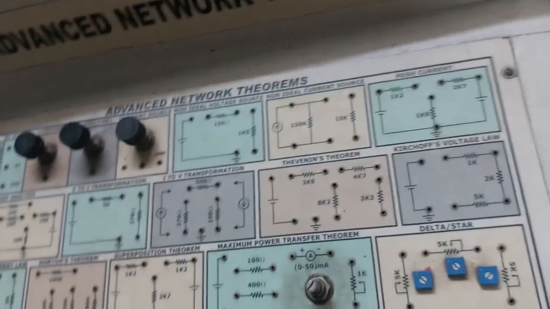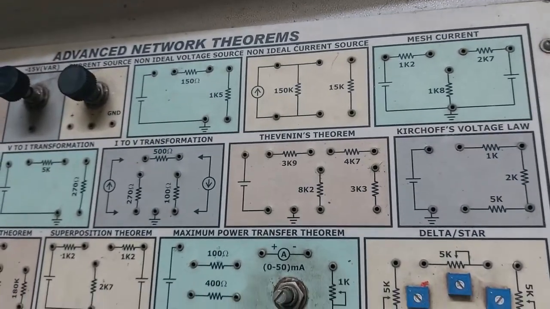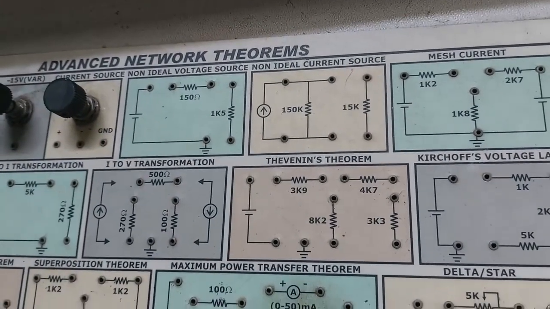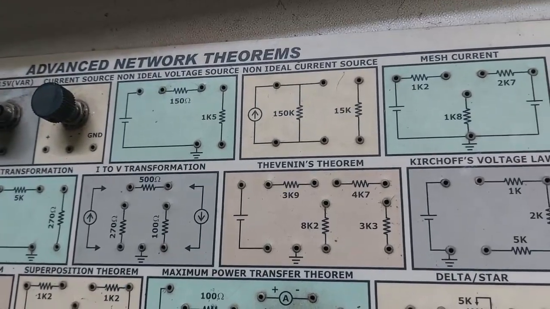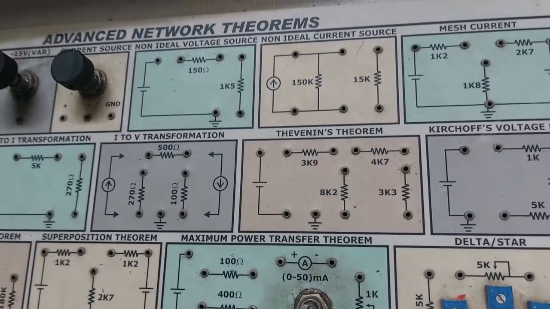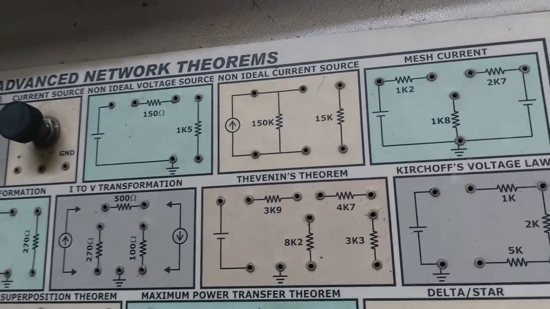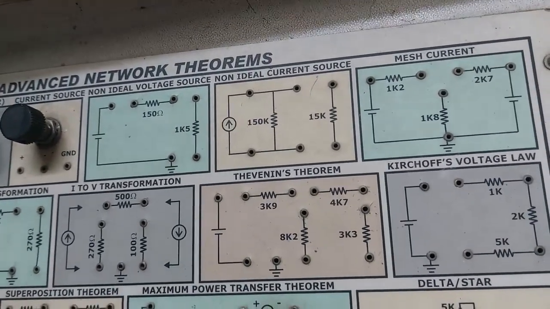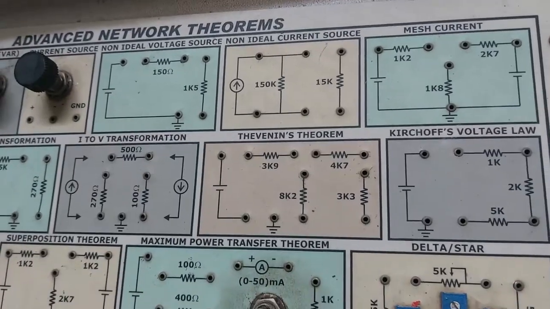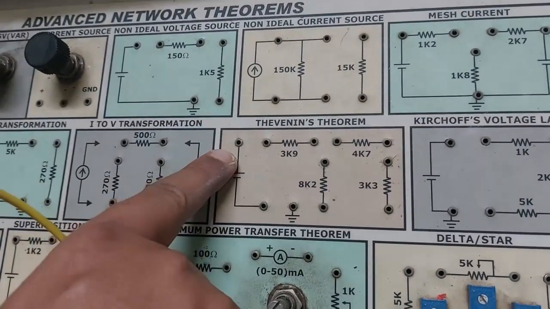After that we will write the observation table, and finally we will tally whether both the values of load resistance are the same or not. Now look, first, this is our supply.